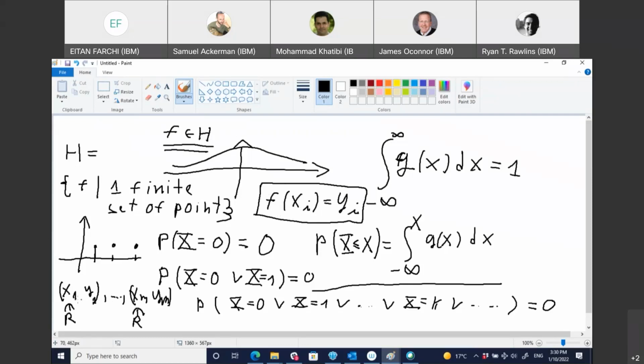Okay, so what's the probability that I'll have a 1 in one of the data samples? What's the probability that I'll have a 1 on the first data sample?